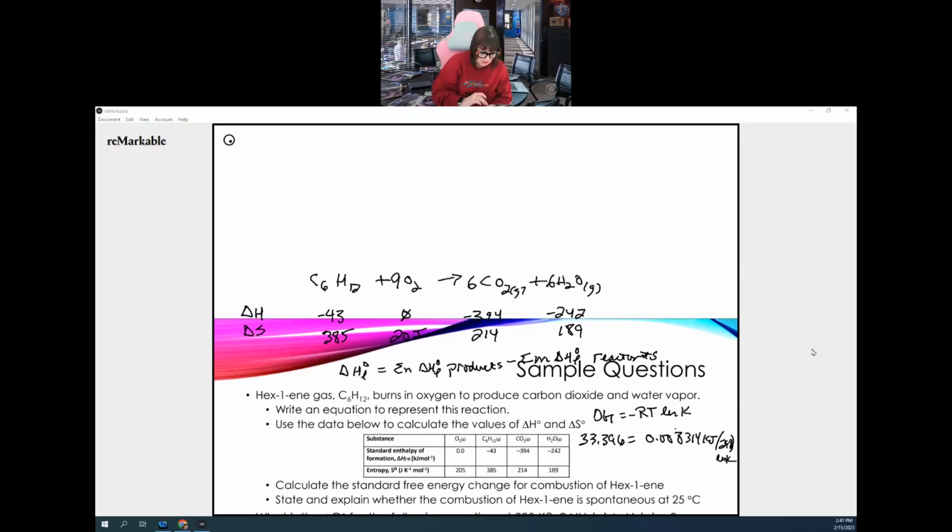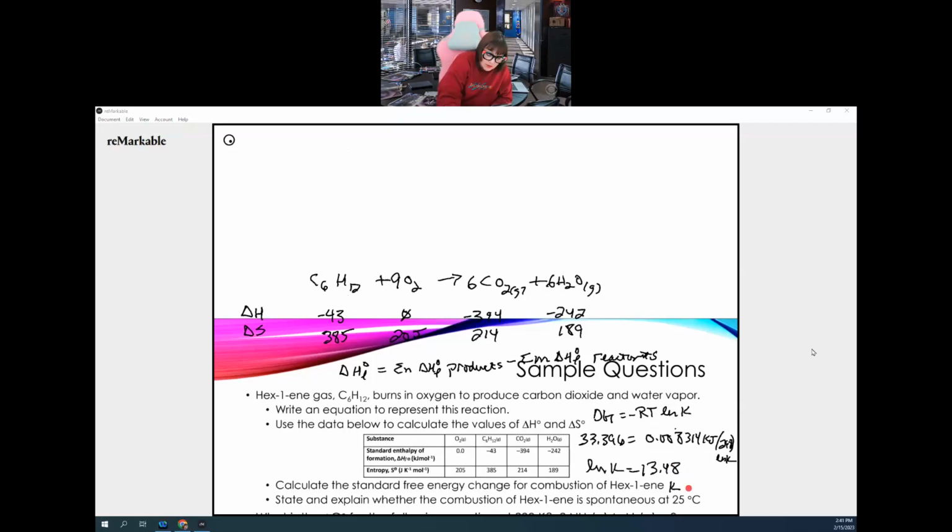So I can take that 33.396, divide it by that 0.008314, and divide that by 298. And it gives me that the natural log of K is equal to 13.48.